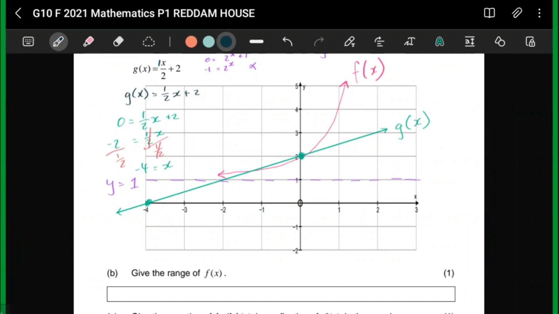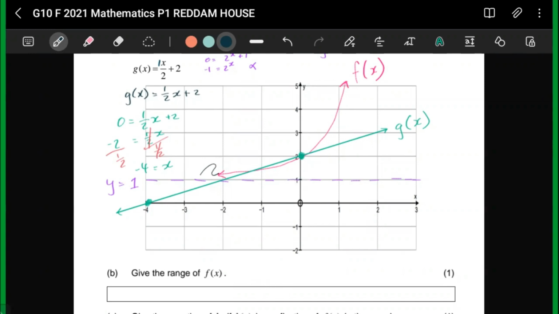So our exponential graph here, if you can see how it is behaving, the asymptote is at +1. It means that's the first y value the graph does not touch. It does not touch +1 and anything below +1.